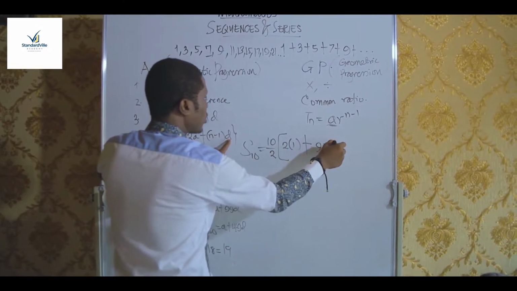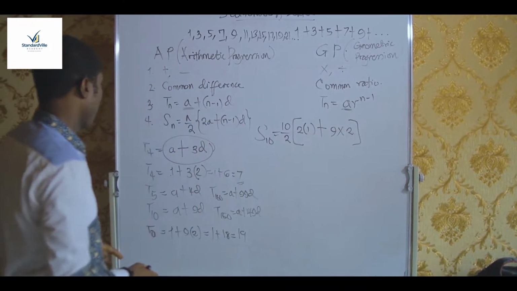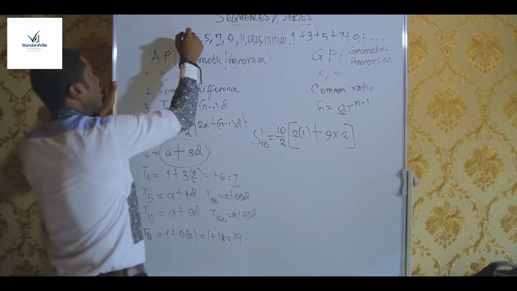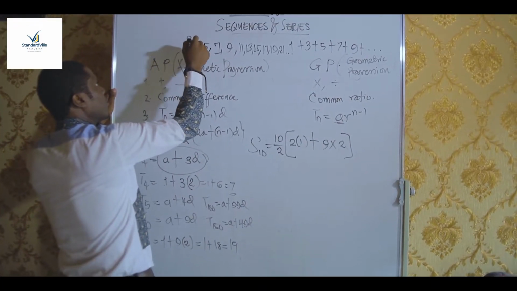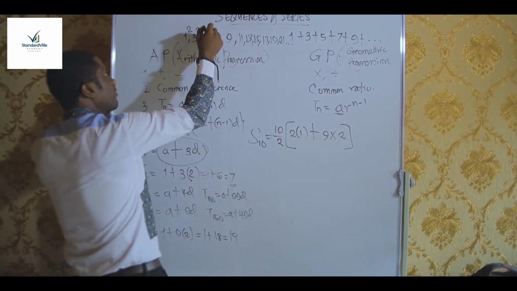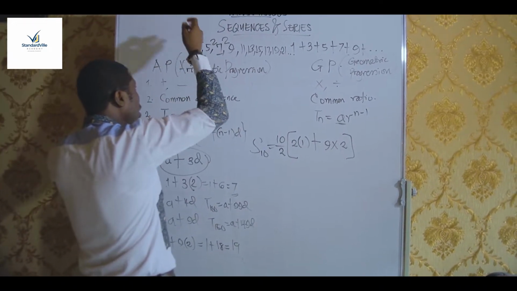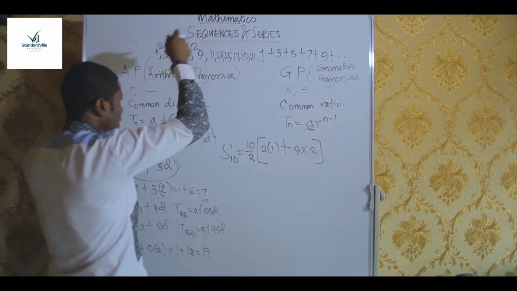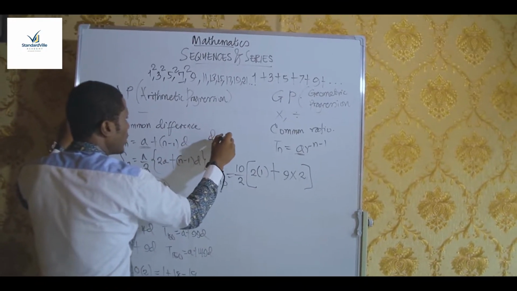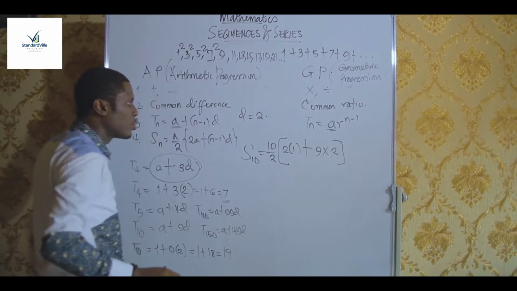What is d? 2. Remember, 1 plus 2 is 3, 3 plus 2 is 5, 5 plus 2 is 7. So that 2 that is recurrent, common to all the spaces, is the common difference. And in this case, it's 2.